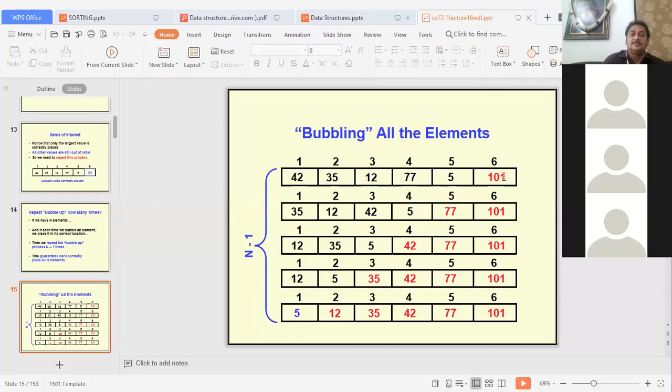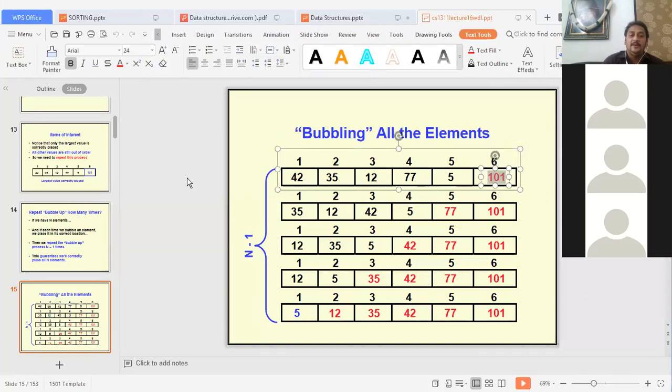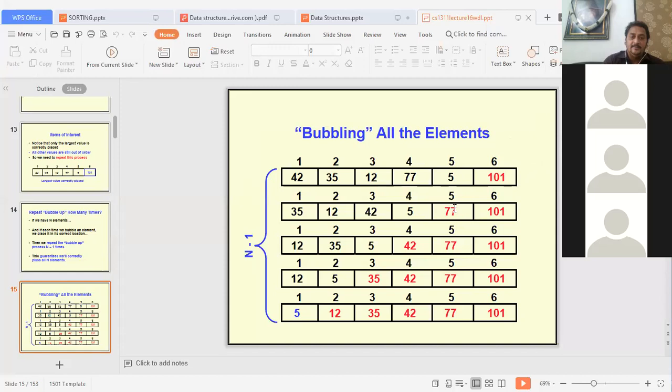In the first pass, we placed 101 in its right position, second 77, then third 42, and in the fourth iteration 35 comes to its right position, in the fifth iteration 12 is placed, and in the last iteration 5 is placed. Once 12 is placed, 5 is automatically in its right position, because only 6 elements are there.